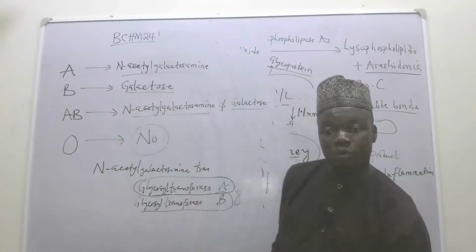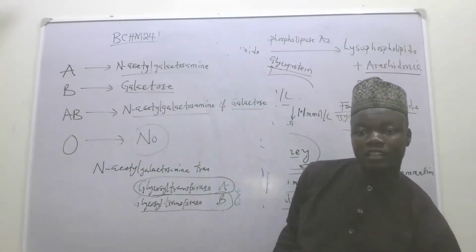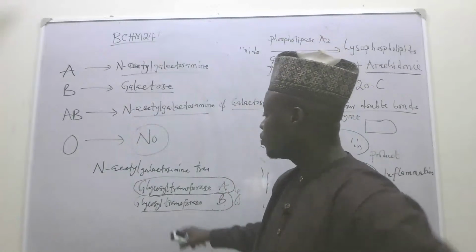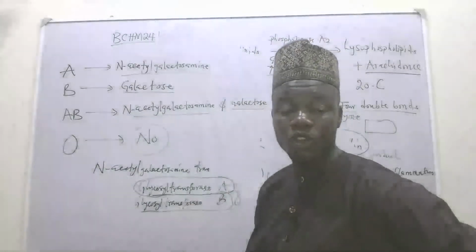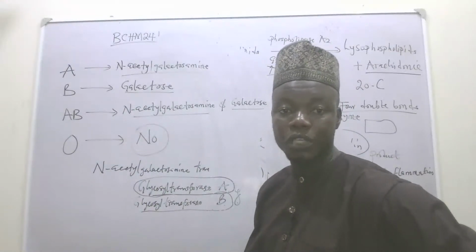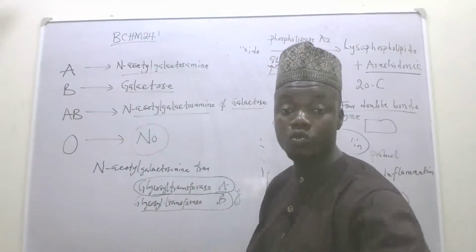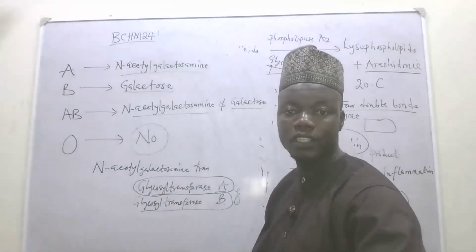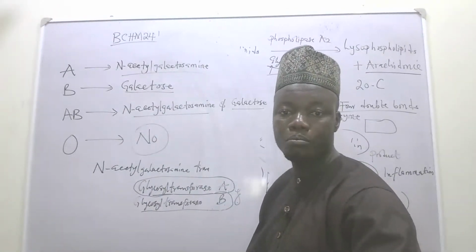So ladies and gentlemen, this is the answer. The names of the enzymes are glycosyl transferase A and glycosyl transferase B. That is the name of the two enzymes. So ladies and gentlemen, I think we have now answered question 1B.